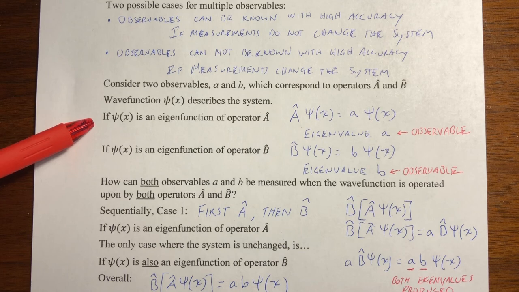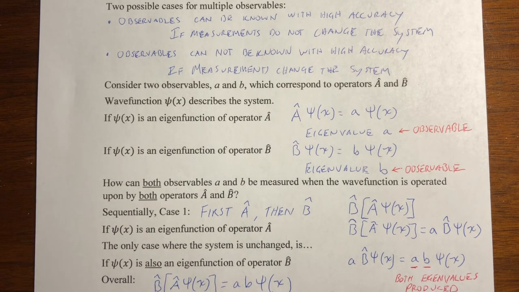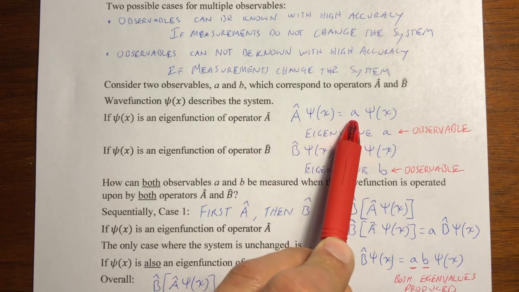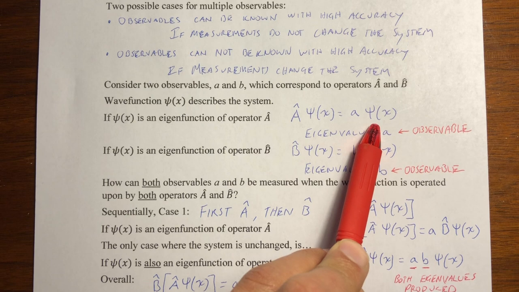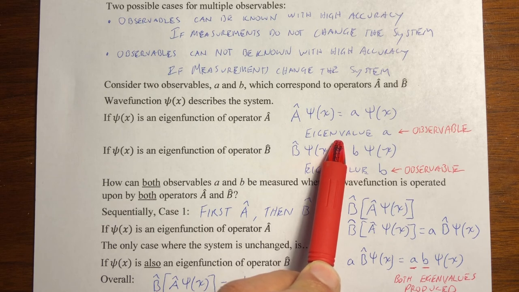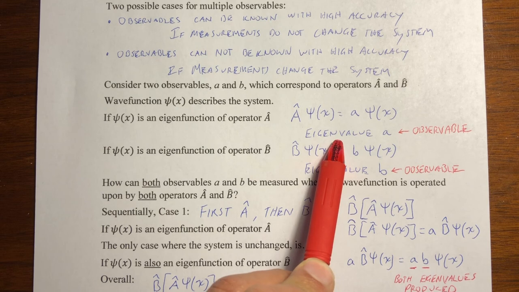If psi of x is an eigenfunction of operator A, the following would be true. Operator A on psi of x would produce eigenvalue a and produce back our wave function. So lowercase a is our eigenvalue, and that is our observable. And again, an observable is something like position or momentum or kinetic energy.